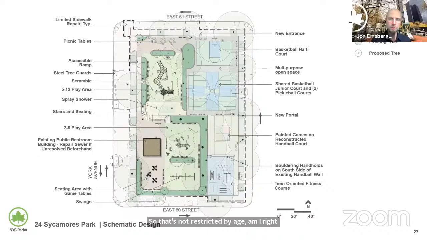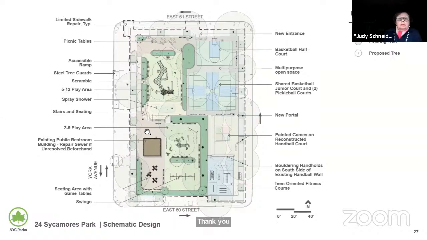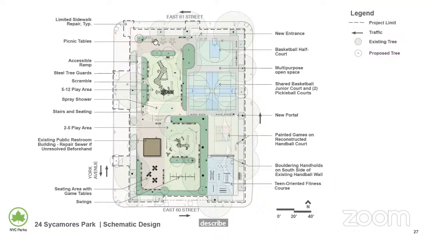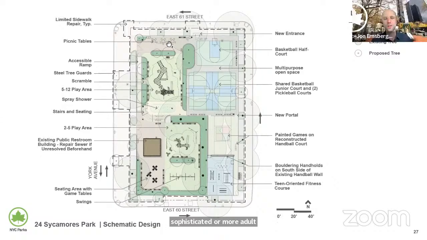Because there's a public restroom building, this will be signed so that adults can come in and use the restroom. And the paving will help guide people as to where they're meant to be at any given time. The paving will be more, I don't know how to describe, sophisticated or more adult in the areas that we kind of want adults to be.